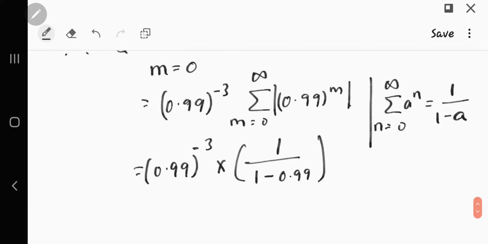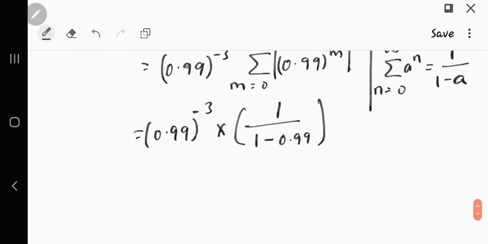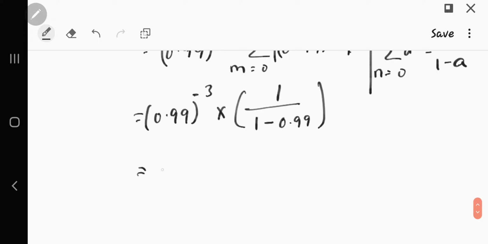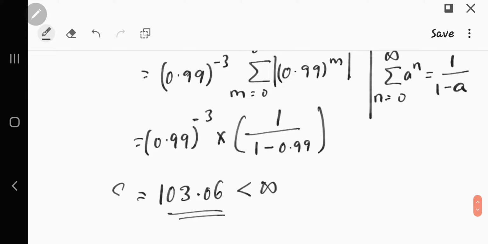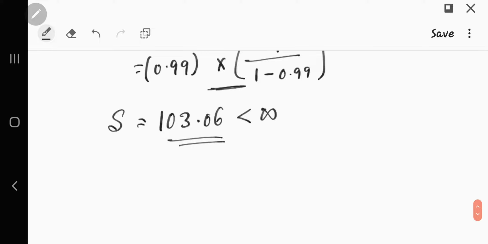Now if you simplify this further, you should get some 103.06, and that will be less than infinity here. So just to save some time, I am not going into the detailed simplification of this. You just simplify this, you will get this answer 103.06. So that means we are getting a finite value, which is less than infinity.